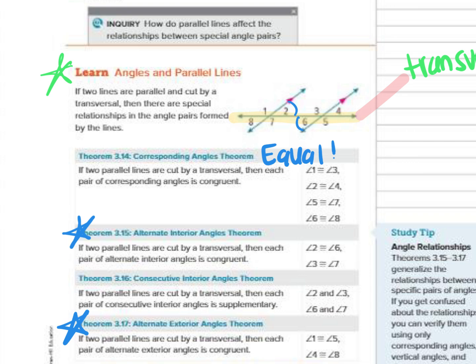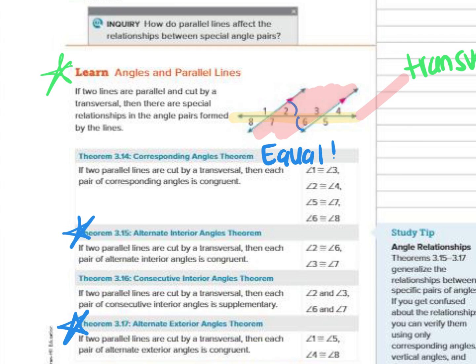Alternate meaning switching. Interior meaning inside the parallel lines. So any angles here, guys, that are found inside those parallel lines would be considered interior angles. And notice how angle 2 and angle 6 are on opposing sides of that transversal. So they're swapping.